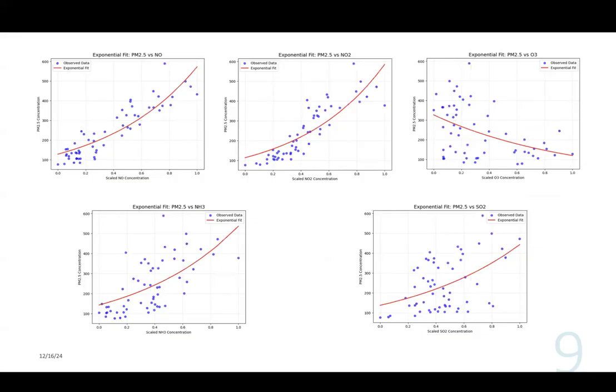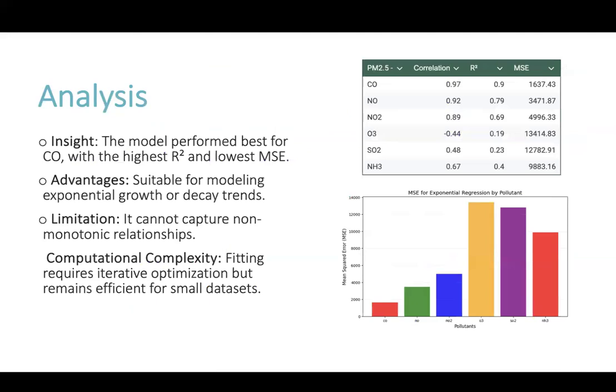As we can see, NO and NO2 also perform comparatively well, but O3, NH3, and SO2 do not perform well in the exponential algorithm. So for the final analysis, carbon monoxide performs the best and shows the highest relation, with the highest R square score of 0.1637 and lowest mean square error of 0.9.